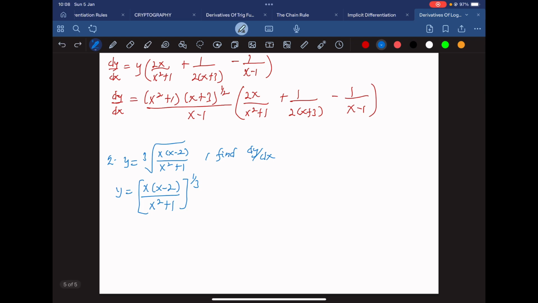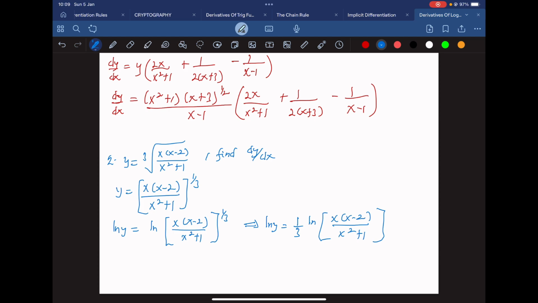Now after writing it this way, then we can go ahead to add our natural log to both sides. And remember, as we did in the previous question, whenever you have an exponent, it always comes in front. So we have ln of y equal to 1/3 ln of x times (x minus 2) over x squared plus 1.